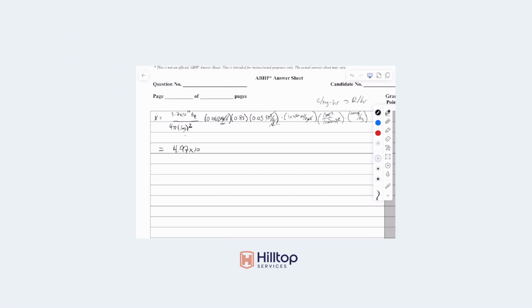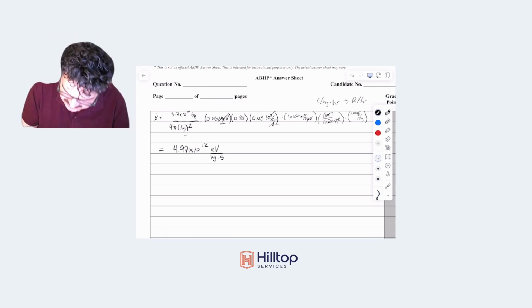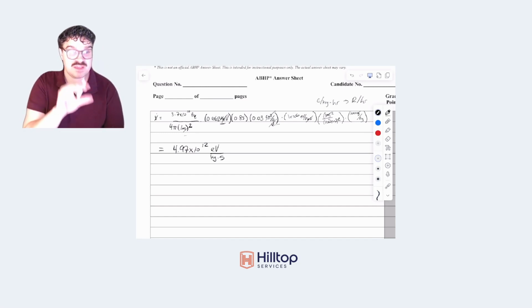4.97 times 10 to the 12. We have disintegrations up top per second. And so let's see what's left. We have eV all over kilogram seconds. All right, we'll continue this game of updating our units. So remember we talked about going from eV to coulombs.